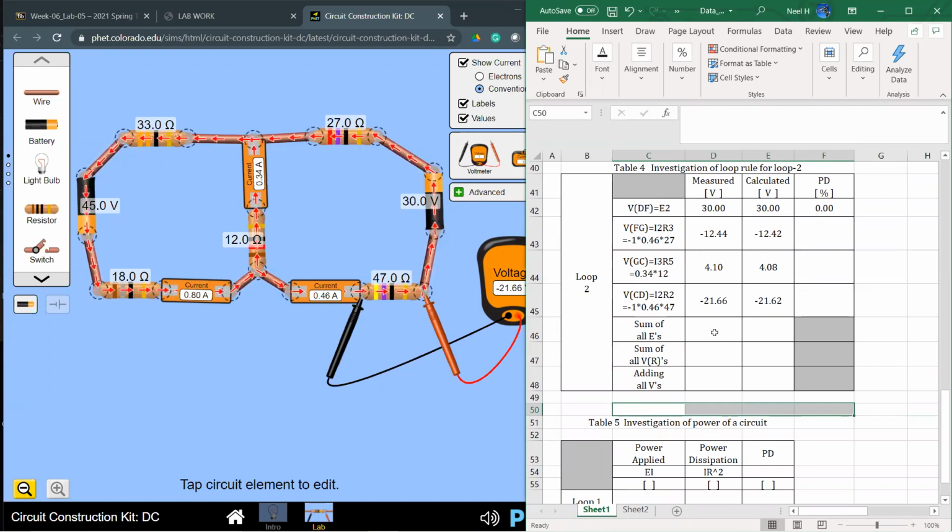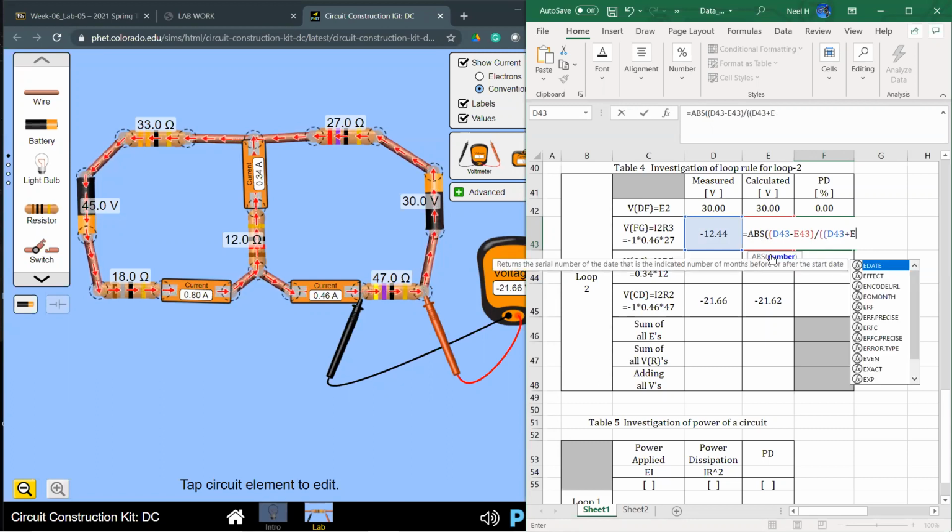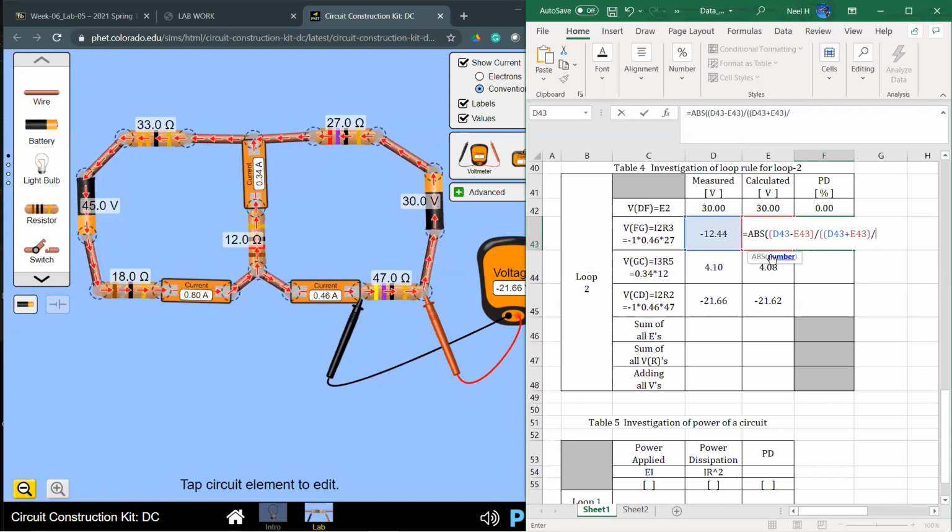All right, then let's take a look. Percentage difference, as we did earlier, comparing the calculated and measured value. Equal sign, ABS double brackets open, difference between these two numbers, divide by parentheses, double bracket, addition between these two numbers, D43 plus E43, divide by 2, close brackets, close another bracket, multiply by 100.